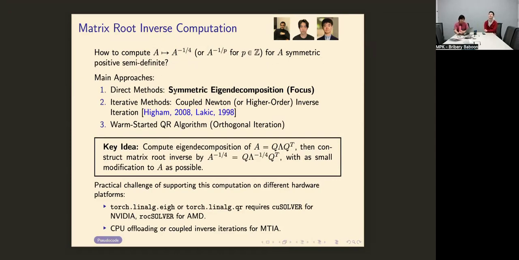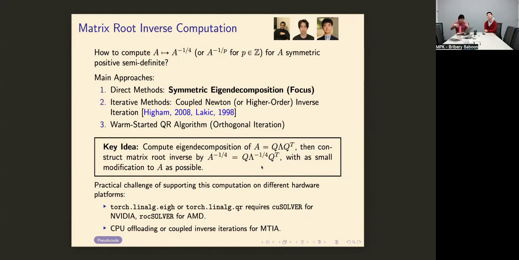Perhaps the easiest approach is simply to use a symmetric eigendecomposition and take the inverse root of the eigenvalue matrix itself. We aim to do this with as small a modification to A as possible. Of course, I'm hiding a lot of numerical details, but this also introduces an m cubed plus n cubed cost, which I think Shintaro will talk a little bit more about.